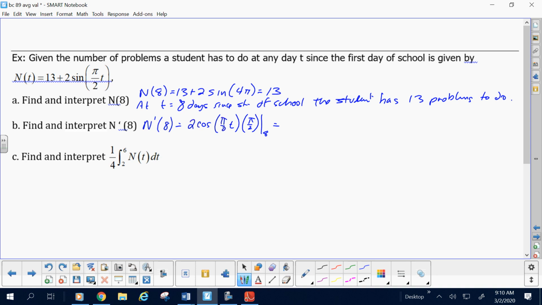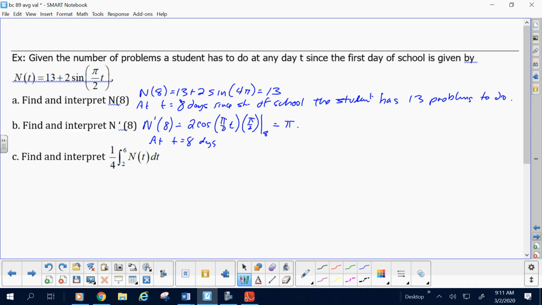Okay? What's your numerical answer? 5. Okay? And interpret, please. At time equal 8 days since the start of school. On the AP test, they will usually ask you to interpret the nature of the rate of change. Not just is it changing at a rate of, but is the number of problems increasing or decreasing at a rate of.